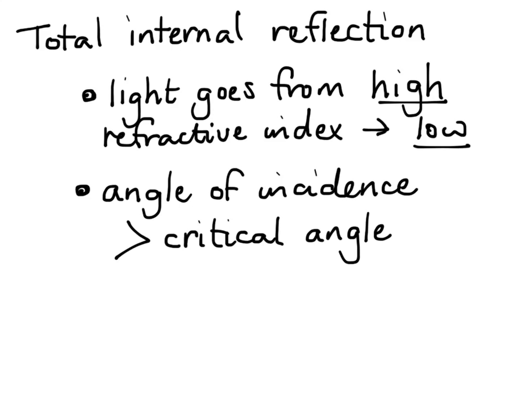You always get a little bit of reflection at a boundary like that, but it's only total when the angle is big enough. So just to remind you, high refractive index could be something like glass, low refractive index is something like air, so it's from glass to air. Except that it doesn't come out into the air, it bounces back inside.